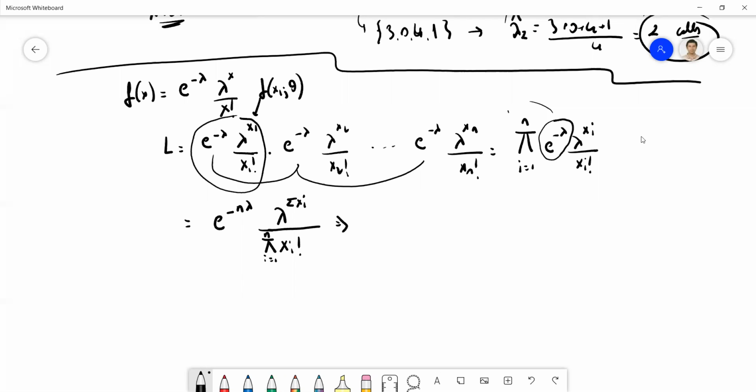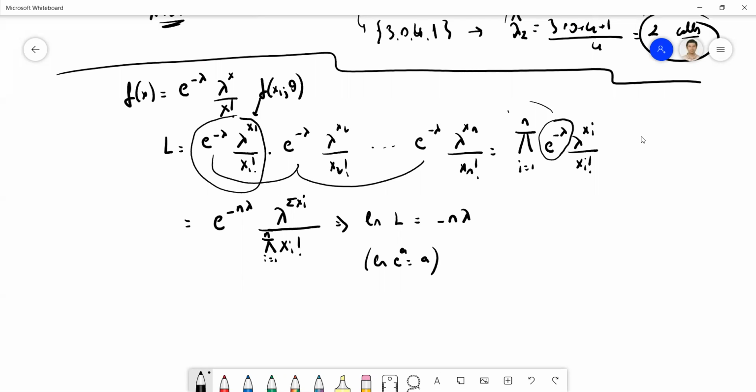Anyway, this is L. Now I'm going to take the logarithm of both sides to make life simpler. So this part is going to be equal to minus n lambda, because the natural logarithm of e is equal to 1.